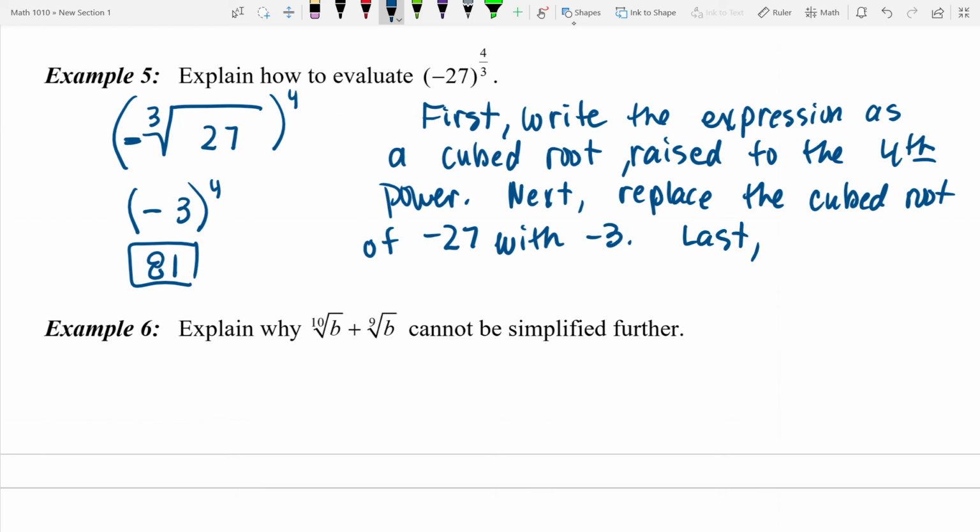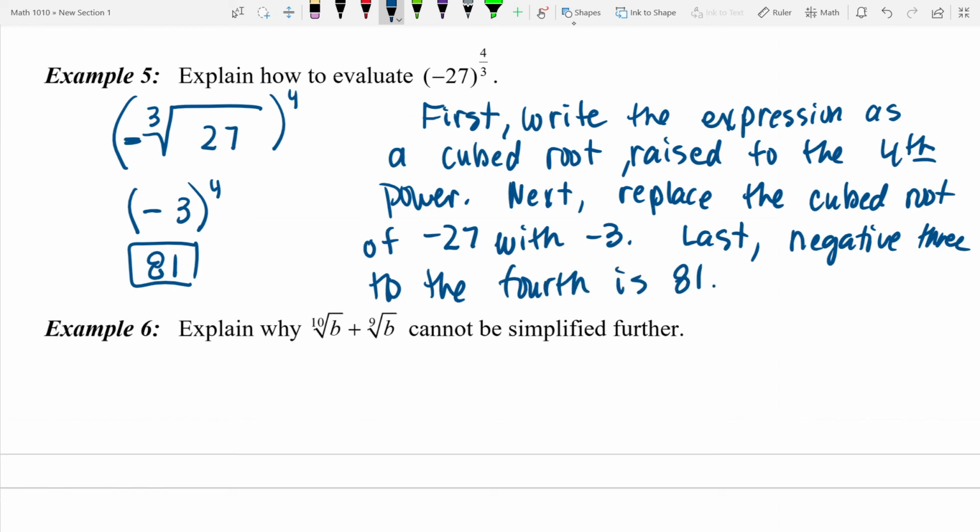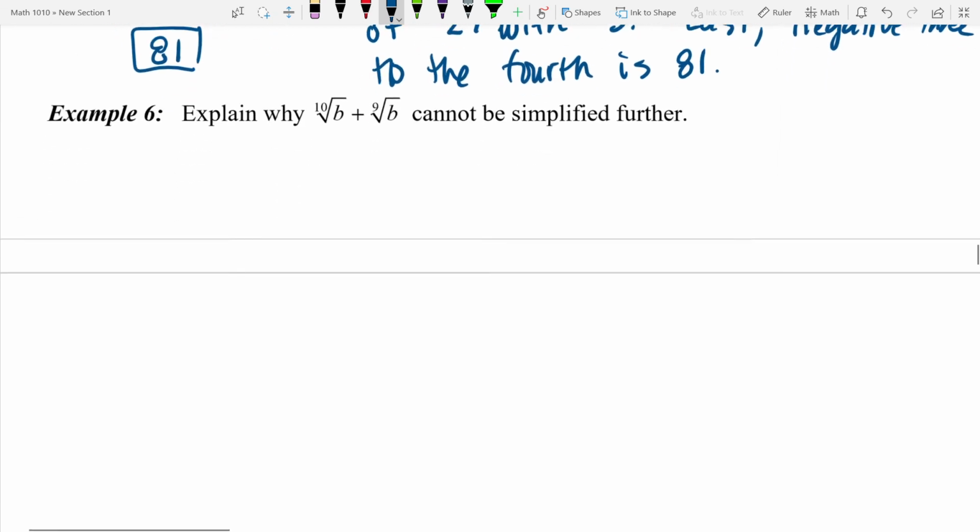Last, negative 3 to the 4th is 81. Do you see how if I do it and then try to write down the sentences, it's easier because I can just look at what I did? Okay, I'm telling you, Weber State loves these questions. Compare this to this, evaluate this, write up a sentence. So just be prepared for that, okay?